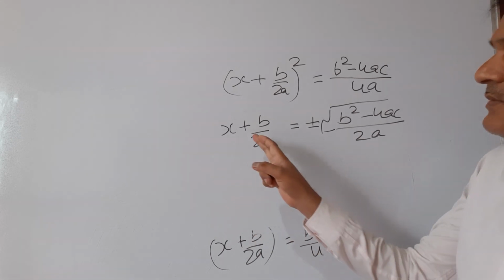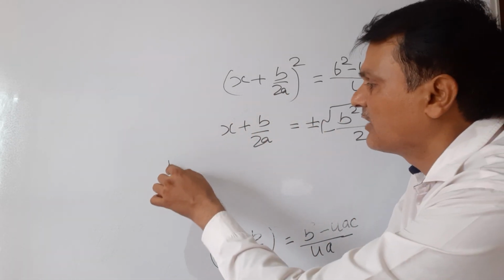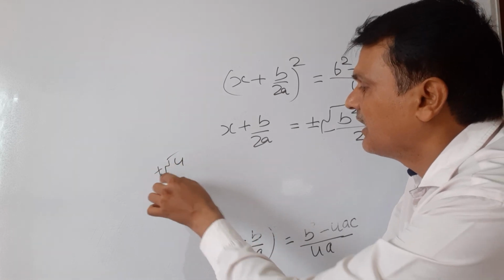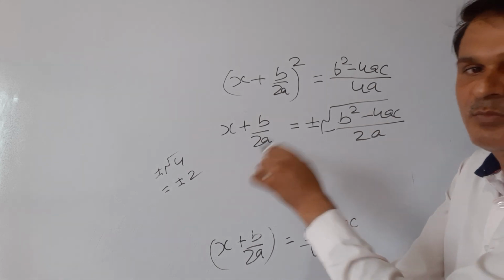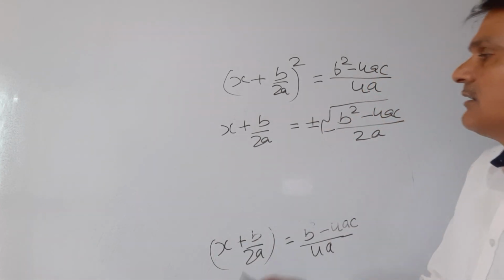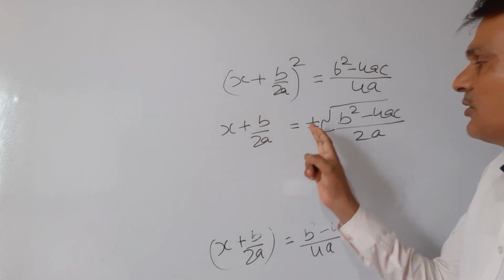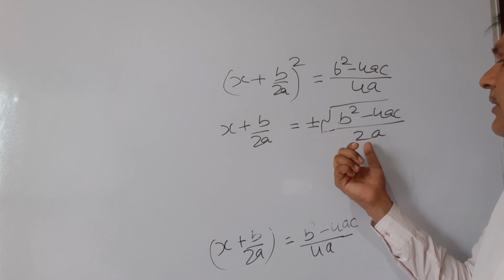And now by transposing, when we take the square root of something like square root of 4, then we write this as plus minus 2. So we can write x plus b upon 2a equal to plus minus square root of b square minus 4ac upon 2a.